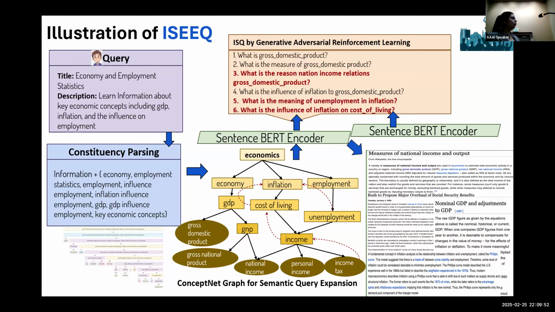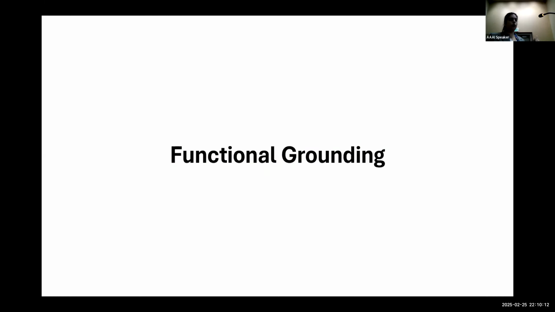Like, do you want to know more about the gross domestic product, or about unemployment and inflation, or what is the influence of cost of living? These kinds of questions can be generated using iSeek, and then written back to the user.